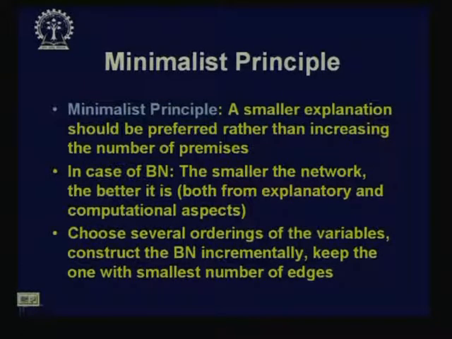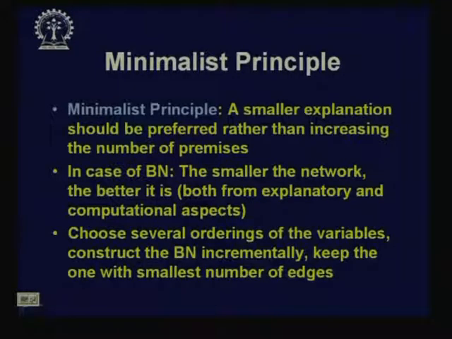There is a smaller explanation, this is a very general philosophical term and is also applicable to AI. We can see that a smaller explanation should be preferred rather than increasing the number of premises. Say x has happened because A, B, C and D have happened. Instead, if we could say K and P happened, and therefore, A happened.